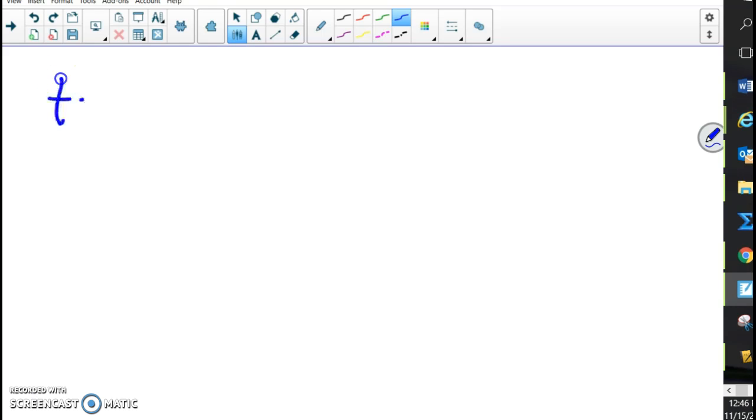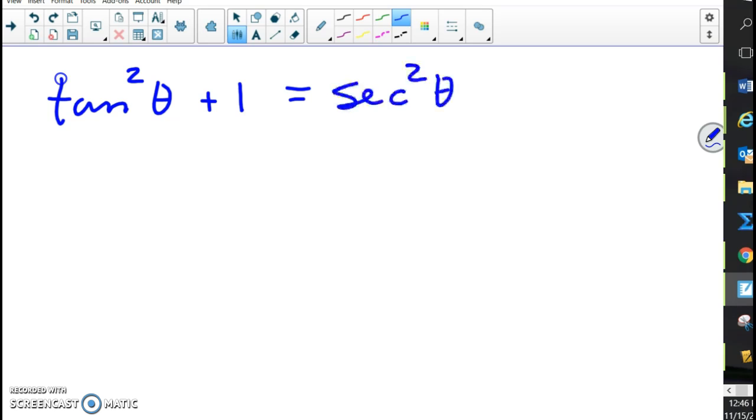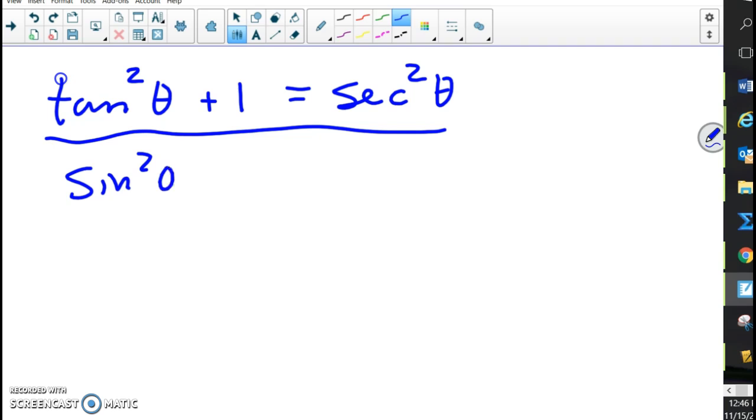I'd like to go to the second identity there. It says tangent squared theta plus 1 is equal to secant squared theta. Well, where does this idea come from? Let's go back to our original that we were just working with, sine squared theta plus cosine squared theta is equal to 1.